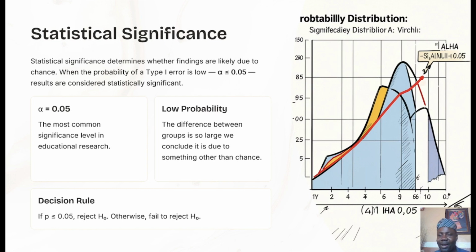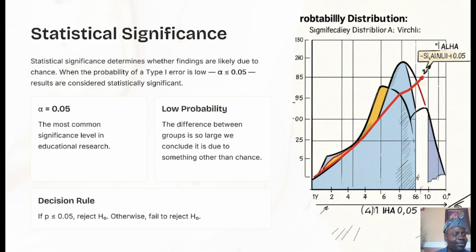What does this probability value actually mean? It simply means that if our research were to be replicated 100 times in the same setting, under the same conditions, we must get the result that we are getting 95 times.